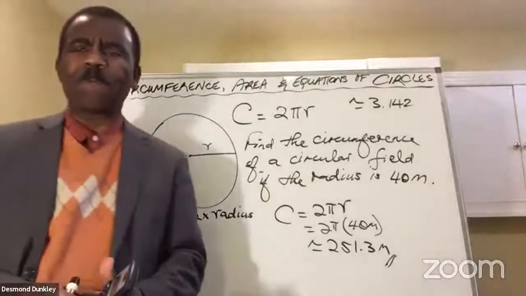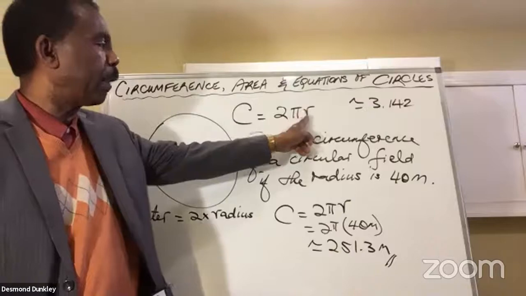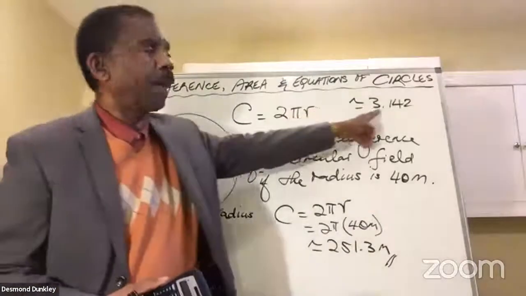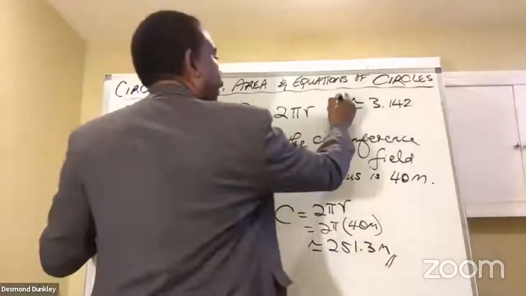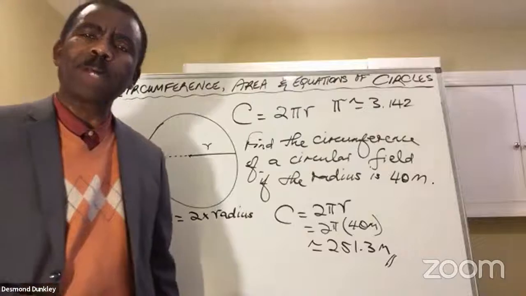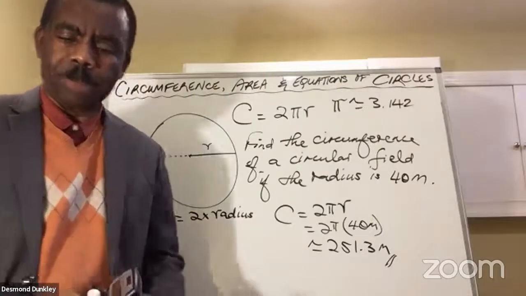There it is, circumference. So all we have to do is to properly use the formula. Plug in the radius, use pi. If you don't have a pi button, you can approximate pi as approximately 3.142. Okay? And that will give you your answer.